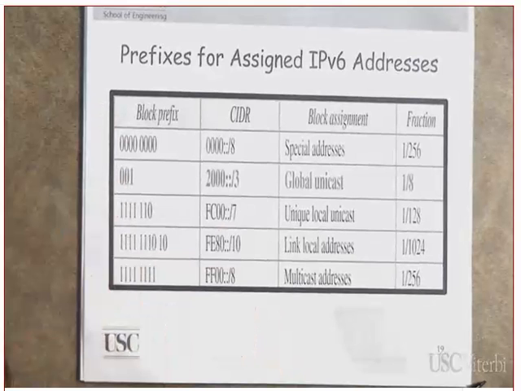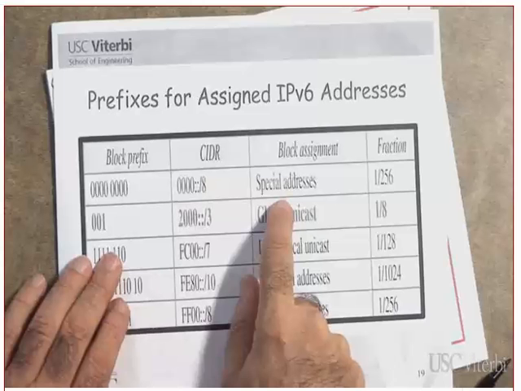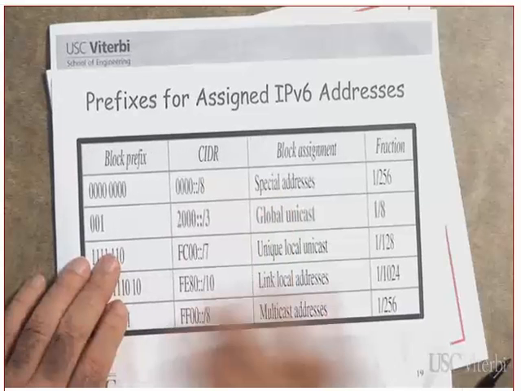So what did they do? They allow the host to take his MAC address, which is 48 bits long, and put it as part of the interface ID. How many bytes do we have here?